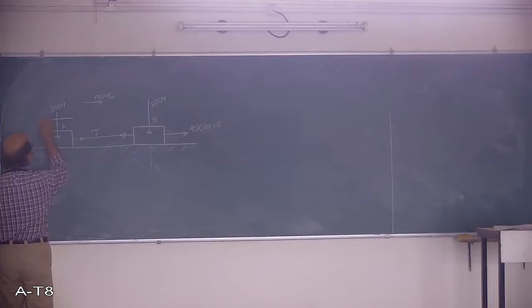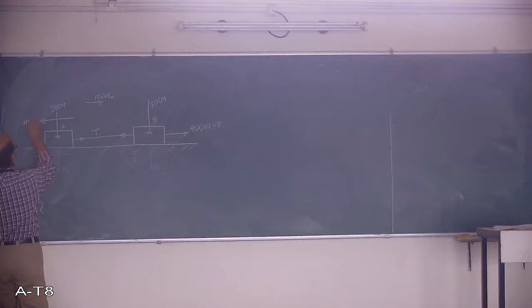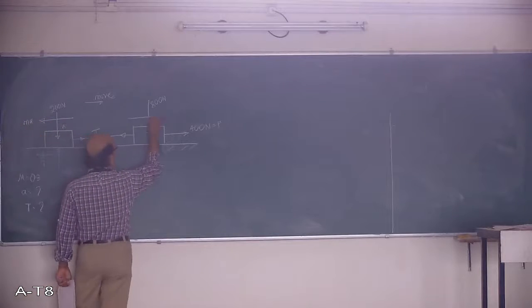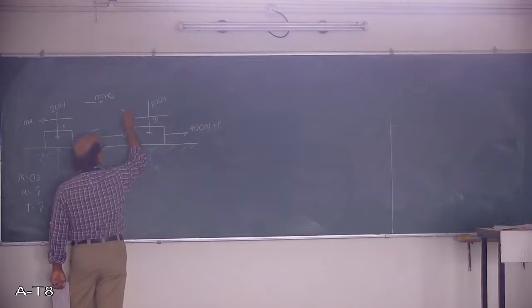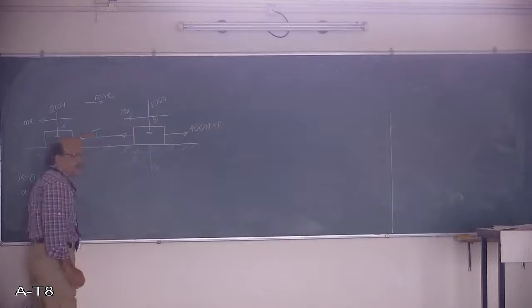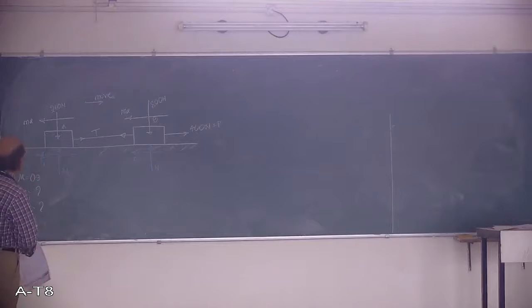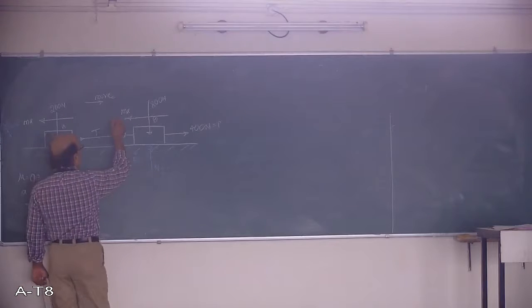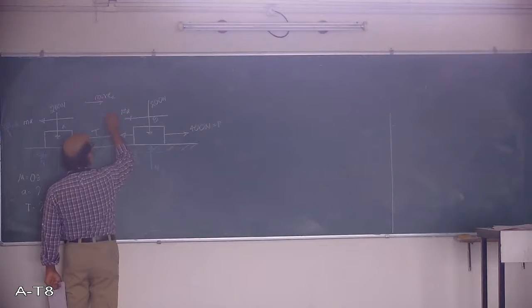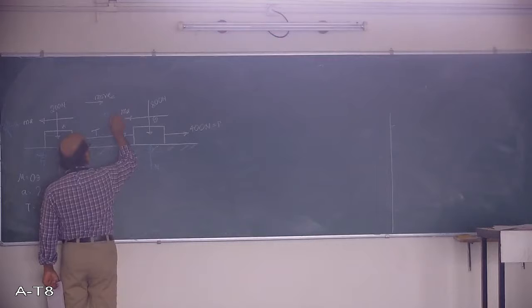This is one MA, and for this also it is MA like this. Now M is W by G. I can write it as W, the weight, that is 200 Newton by G into A. For this one it is 800 by G into A.